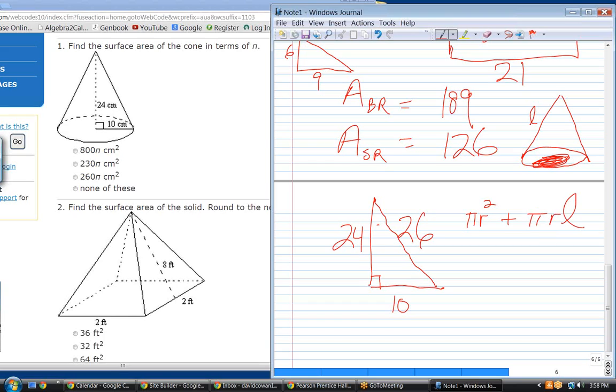All right, so what's the radius? 10. So it's 100 pi for the base. Plus pi 10, and then 26. Okay, so that looks like 260 pi.